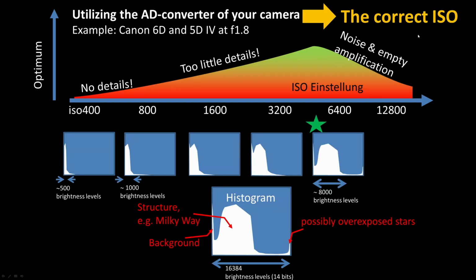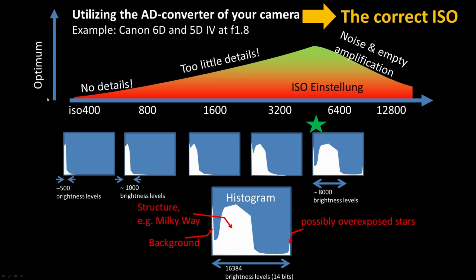Now we come to setting the correct ISO. That basically means utilizing the analog to digital converter correctly in your camera. I'm using here again my two types of cameras, the 6D and the 5D Mark IV, and those numbers fit well for f1.8.